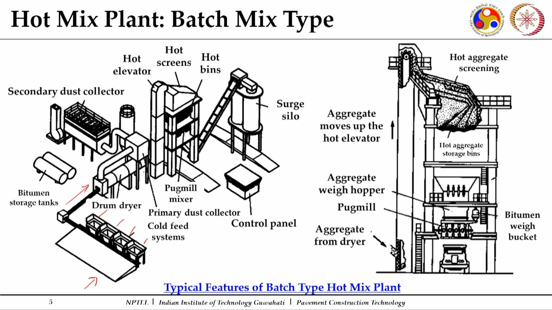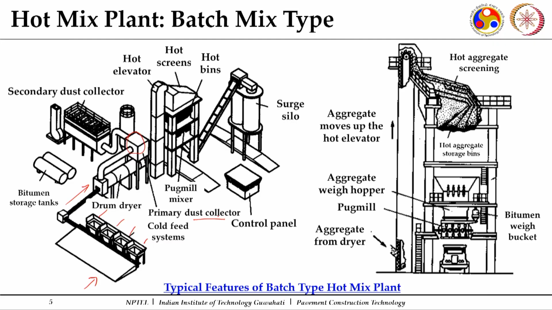So, the aggregates are heated up and simultaneously you can see there is a dust collection system. Whatever exhaust gases are going to come, we are going to trap the dust which will be there. So, there are two sets of controls. One is a primary dust collector and secondary is a secondary dust collector.